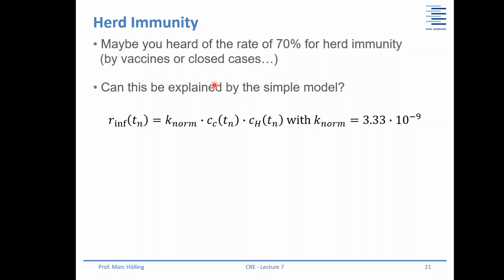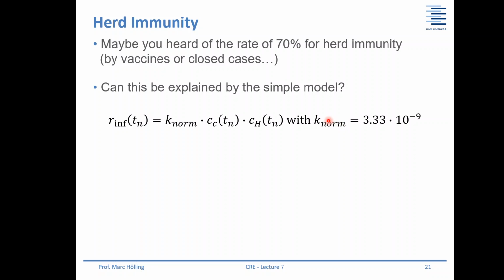And the question is, can this also be explained by this simple model? If you remember, we have this reaction rate here, we have the rate constant for our normal life, we have the number of corona cases, and we have the number of healthy people that can get infected.